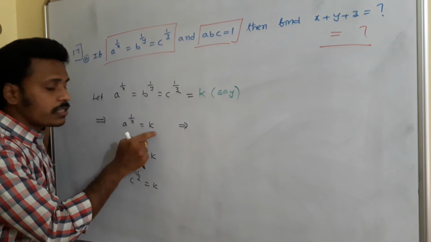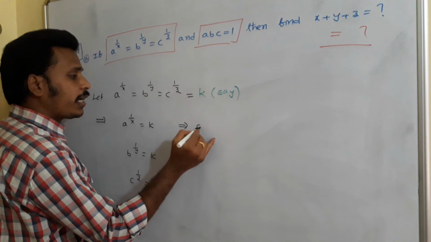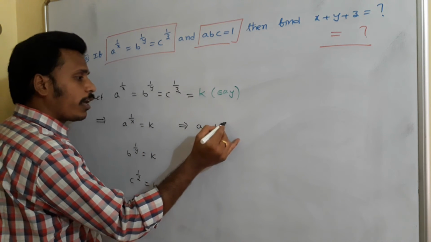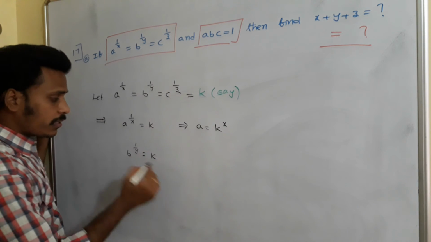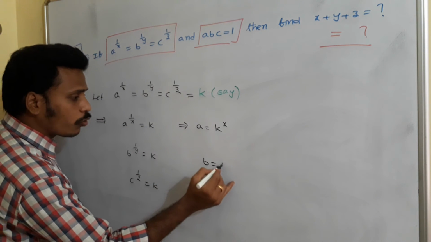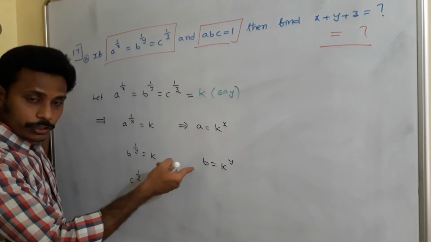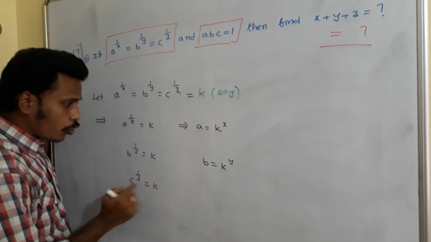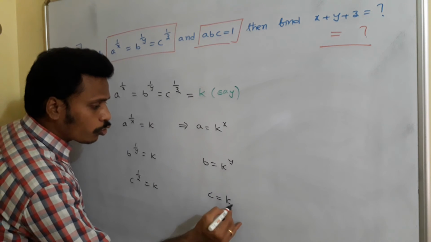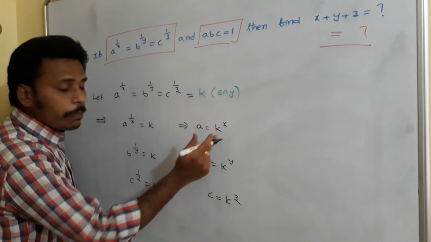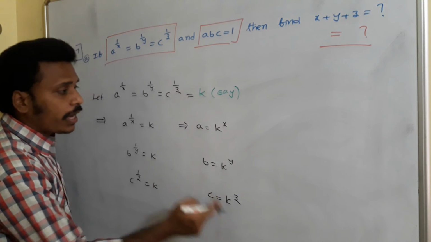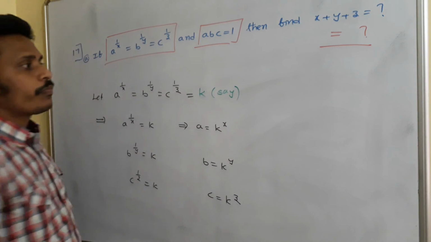We will rewrite it like this: a is equal to k power x. In the same way, b is equal to k power y, and c is equal to k power z.